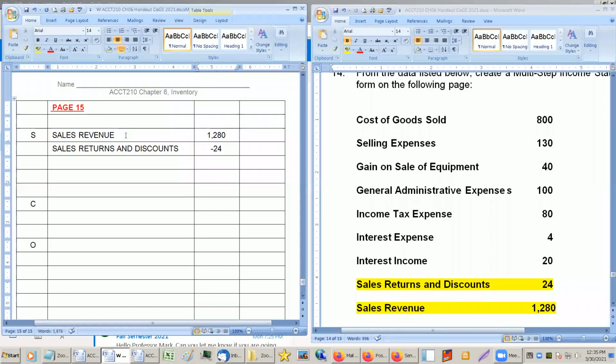So 24 of it was sent back. So this will be what you call the net sales. Net sales revenue will be whatever that is.